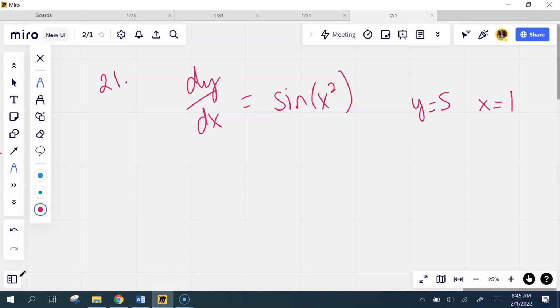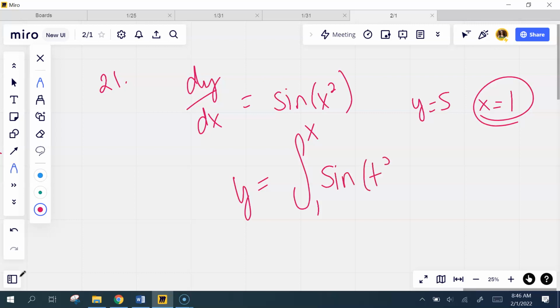So on these, all you're doing when you set them up is you're going backwards. This is kind of the backwards of the d/dx of the integral that you did on your homework. So we're just going to say that y equals from this value, right? So from 1 up to some other value of x. We're going to change this to a t, and then this value is my constant that I add on the end.